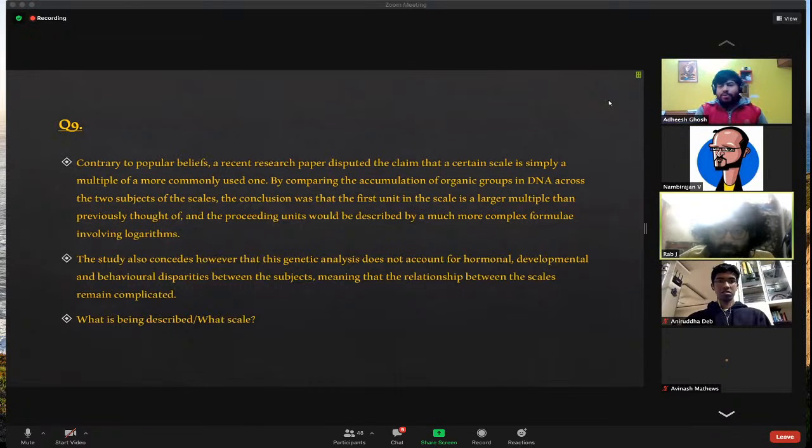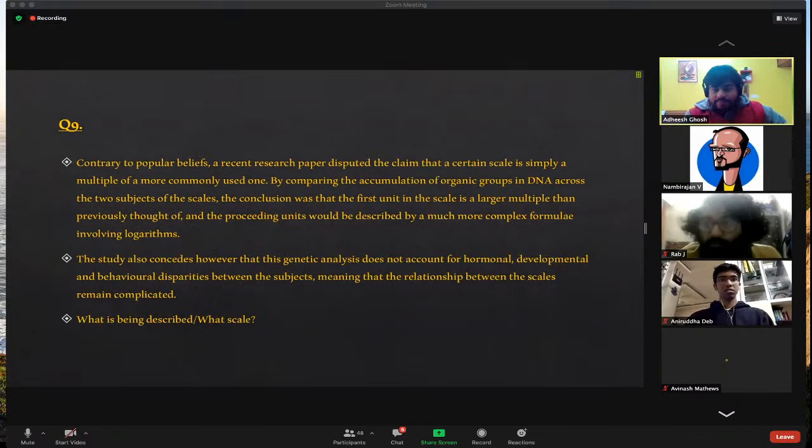Not a proper name. You can just describe it. You just want to know what the scale is concerning. Essentially, what is it measuring? Scales are used for measuring things, so tell me what the scale is measuring. No proper nouns needed. Just a description will do. 2-3 words.